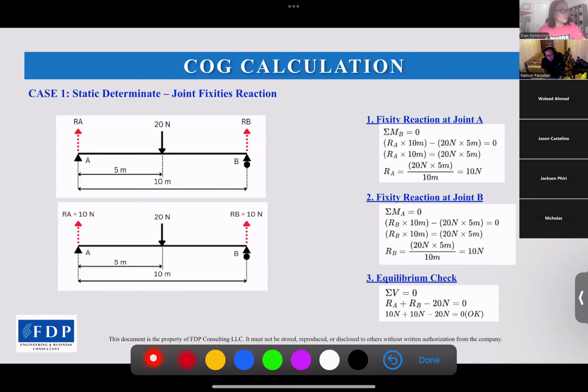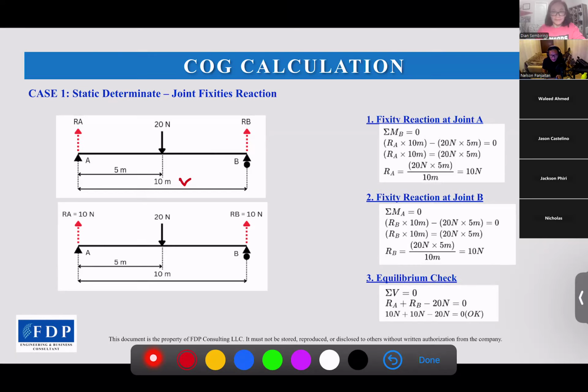Before we get into the COG calculation, the main thing that we should know is static determinate structure analysis. I hope you guys already know about this. Let's say we have a system like this. There is a member A to B with a total length of 10 meters.